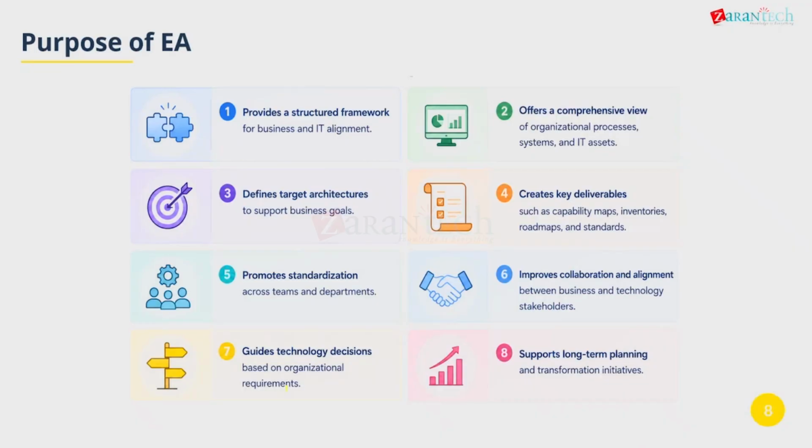It offers a comprehensive view of all the organization's processes, systems, and IT assets. Okay. It defines the target architecture to support business goals. It creates key deliverables such as capability maps, inventories, roadmaps, and standards. It also promotes standardization across teams and departments.